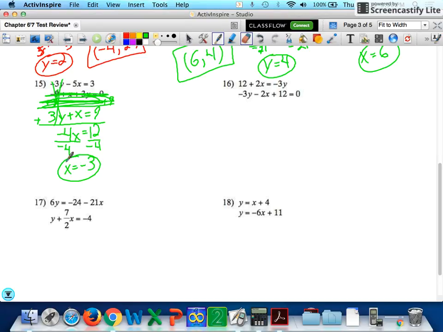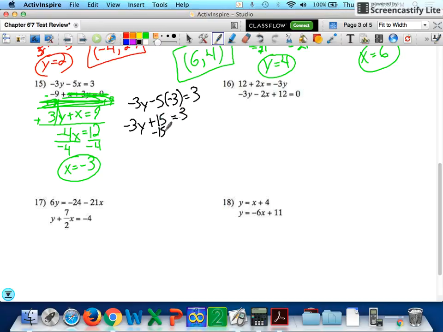Half my answer. I've got to go back and plug it into one of my original equations. I already drew lines through that second one, so let's just work with that first equation. It was negative 3y minus 5x. Well, x is negative 3 equals 3. Negative 3y. This is going to be a positive 15 equals 3.